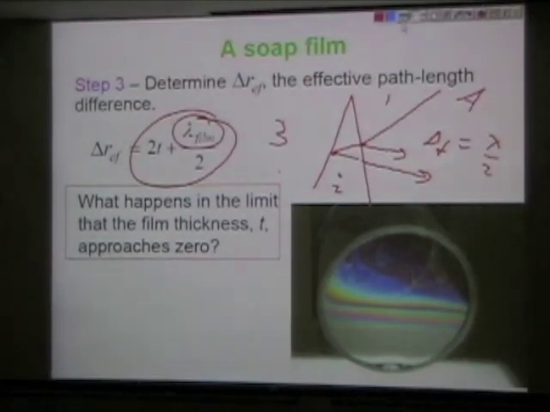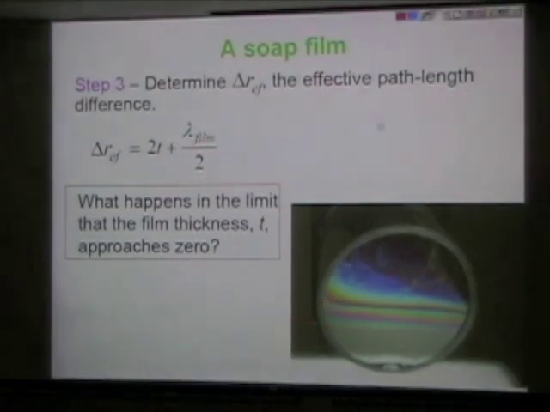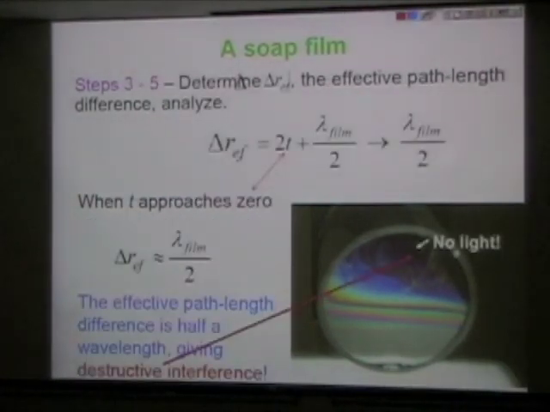And then you can set it up to a particular wavelength. If you want to see green, you set it up to constructive interference. If you don't want to see red, you set it up to destructive interference. And yeah, the thickness here, when it approaches 0, results in no light getting reflected at all.